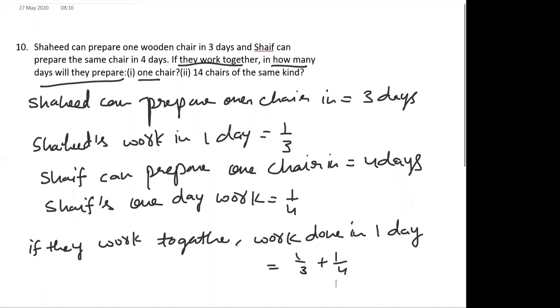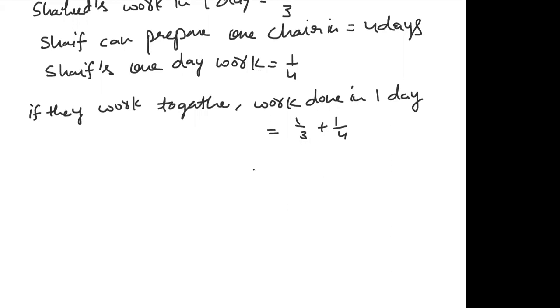So 4 plus 3 means 7 upon 12. So if they work together, in 1 day they will make 7 upon 12 of a chair.